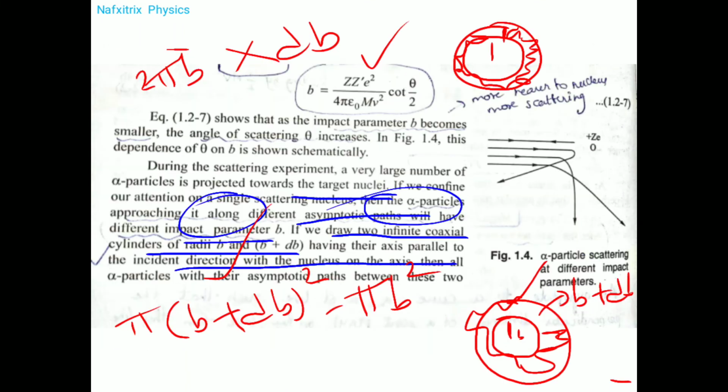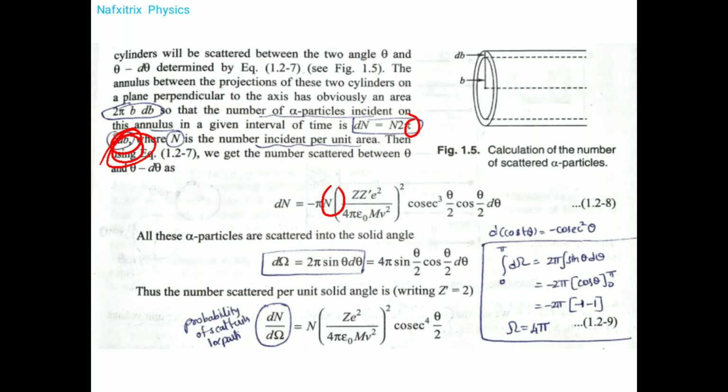Differentiating on both sides, the constant would remain as usual. The differentiation of cot theta is minus cosecant square theta, so here minus cosecant square theta by 2, and again differentiating theta by 2, 1 by 2 comes out, 1 by 2 d theta. So 1 by 2 into this 2 pi, the 2 would get cancelled, pi would remain, and we get the minus because the differentiation of cot theta is minus cosecant square theta.